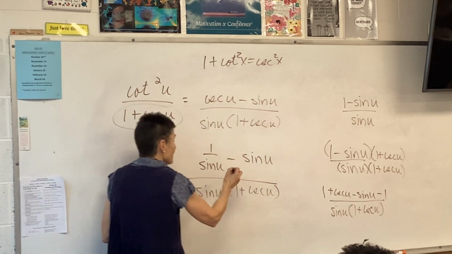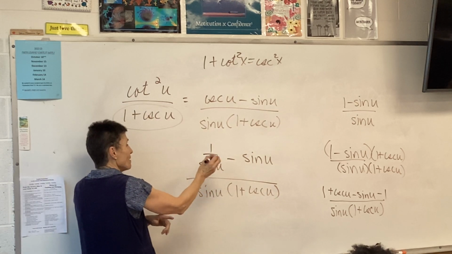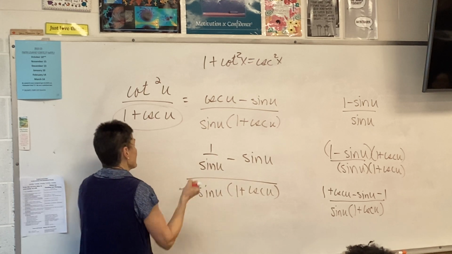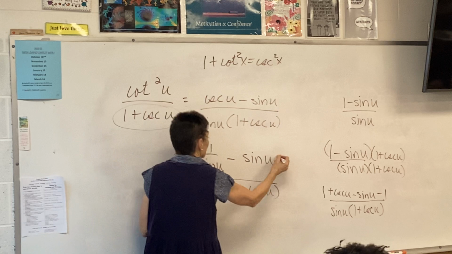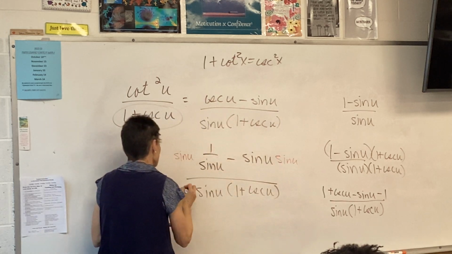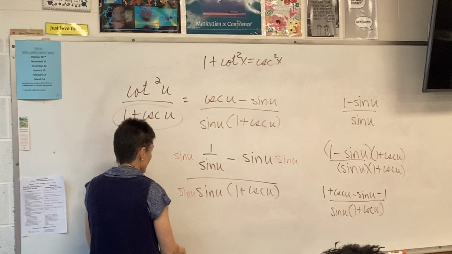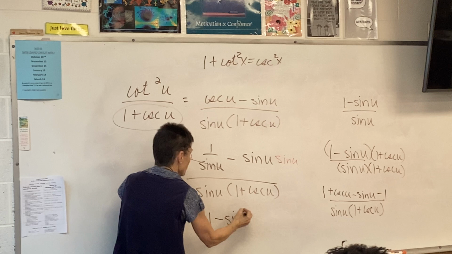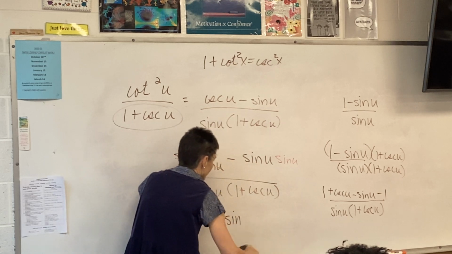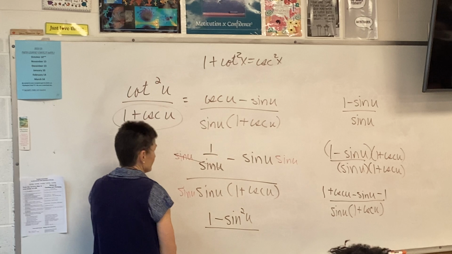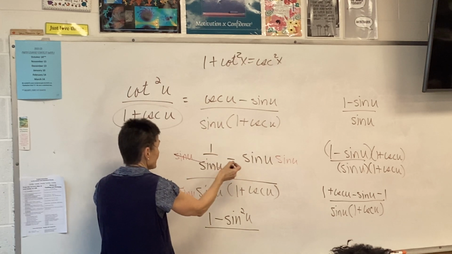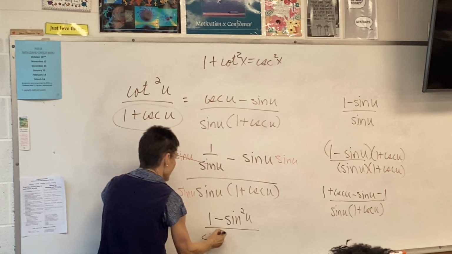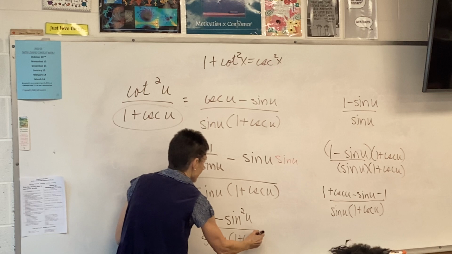Really not. Yeah, watch. This is a complex fraction, so I'm going to multiply everything by sine. As soon as I do that, look at your numerator: 1 minus sine squared. And on the bottom, you have sine squared times 1 plus cosecant.